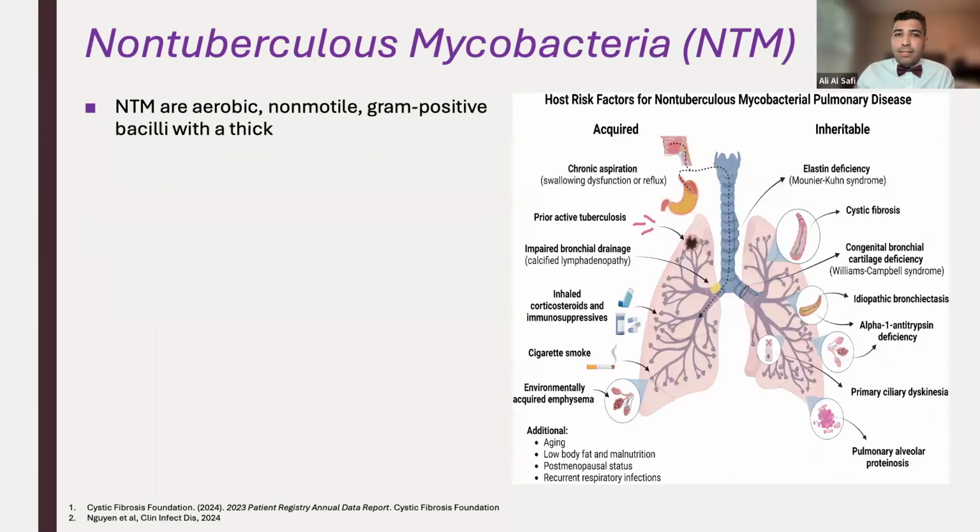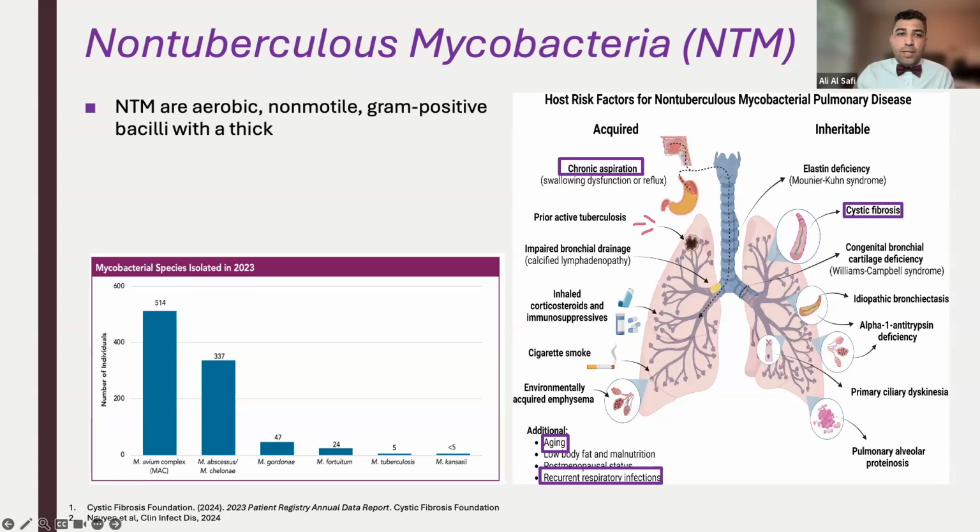The main risk factors for developing the infection, as you can see here in the image, I'll highlight a few things like cystic fibrosis, chronic aspiration, which results from reflux disease, because all of that acid comes back to the lungs and causes chronic lung damage. Aging, just getting older, puts you at risk of these infections because of that recurrent damage to the lungs. And recurrent respiratory infections, which happen in cystic fibrosis.